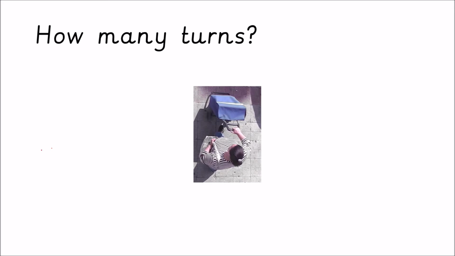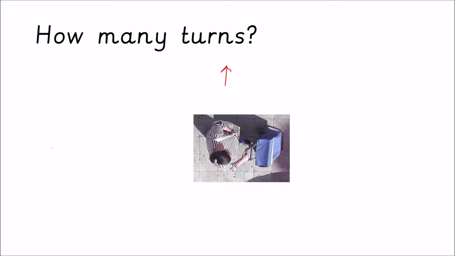So her starting point, I'll just mark on, she was facing this way to start with. Let's watch her turn. There she is. She's now facing this way. So she's gone from facing up here to facing over here.